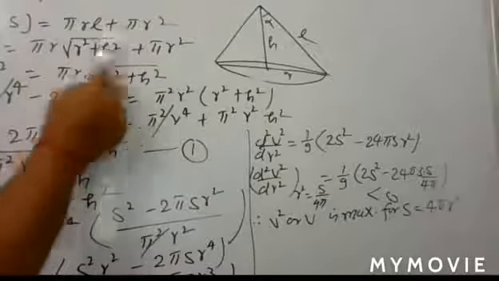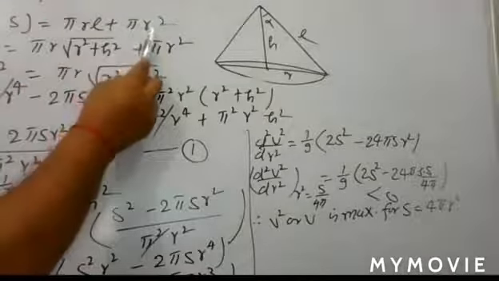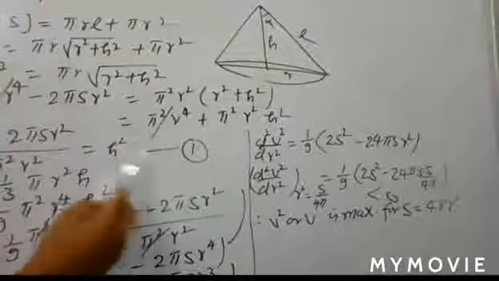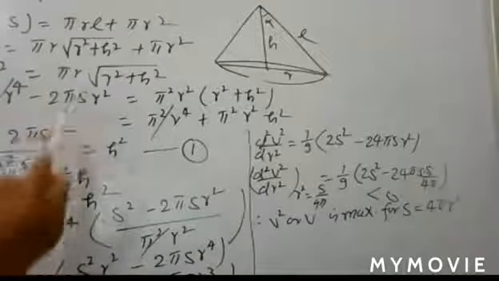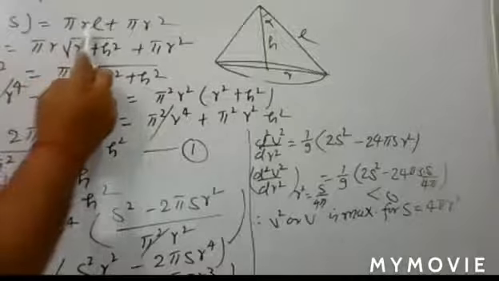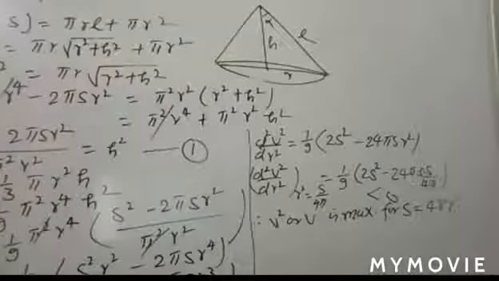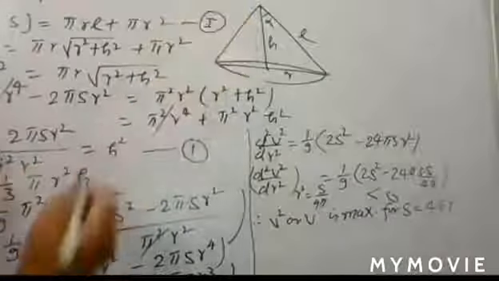Here you have your result, S is equal to pi RL plus pi R square. You put the value of S here. You can put it in the first equation also, but here you already have terms of L, so that is easier for you. Suppose I take this equation as the first equation.